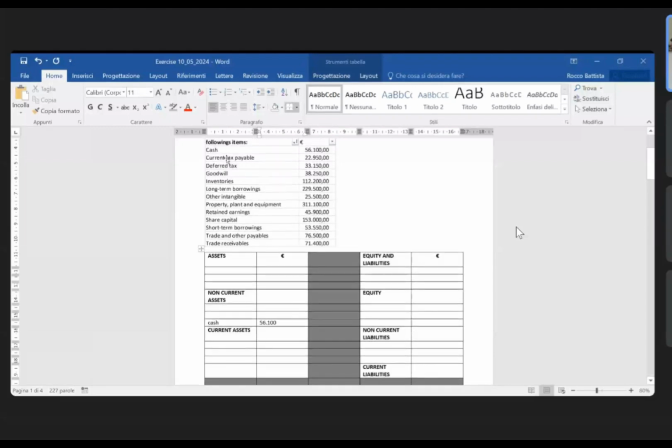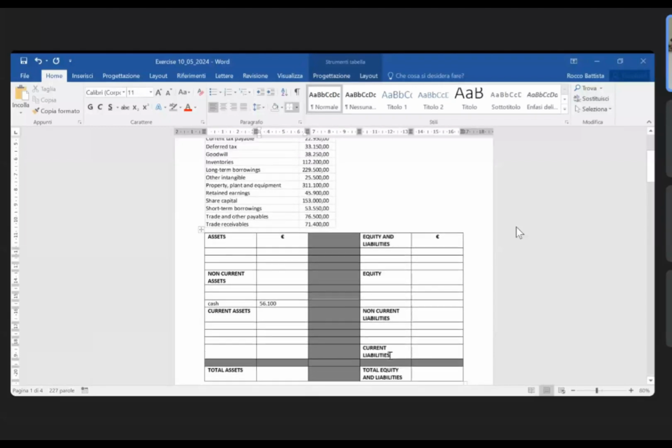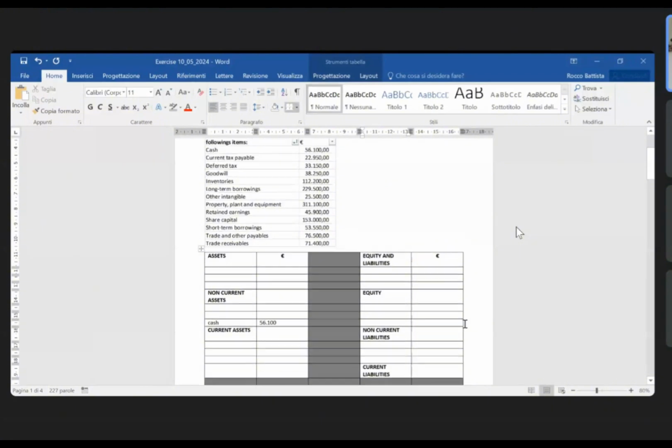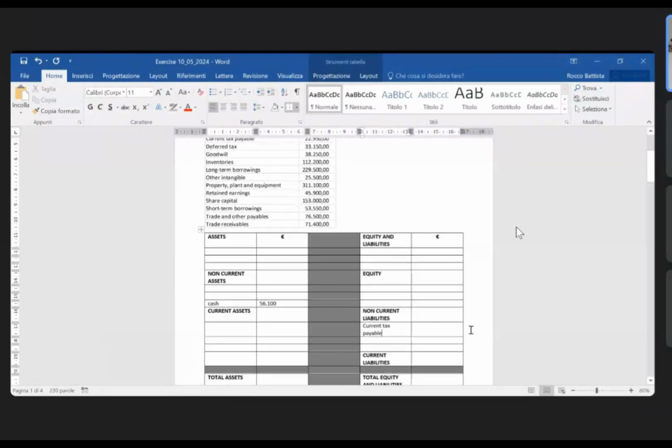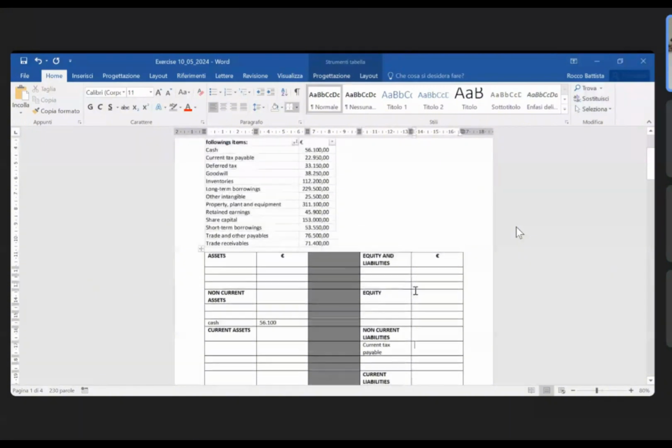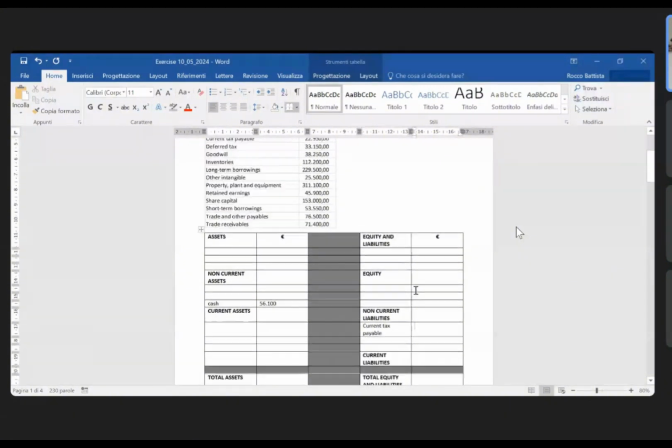Your colleague says that current tax payable is a current liability, so let's put current tax payable here. And the number 22.